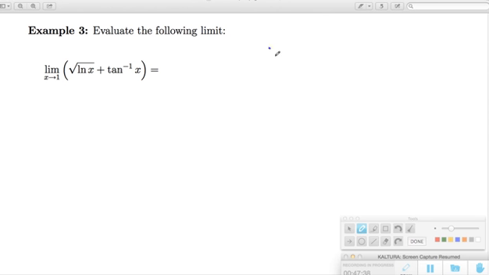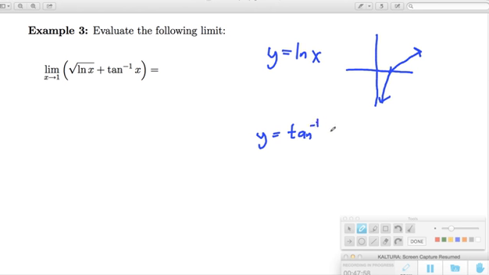Well, remember that y equals natural log of x looks like this. This is a function that you should have the graph fairly memorized. The logarithmic function. And the arctan function looks like this.